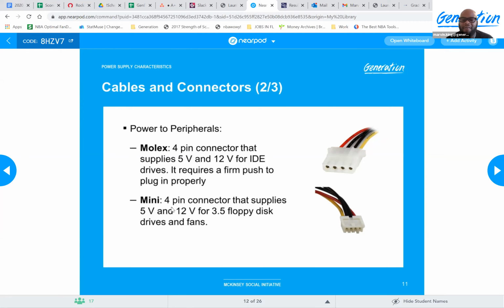And then we also have a mini 4 pin connector, and that goes to your fans and to your floppy disk drive. Who has seen one of those in a while? I probably haven't seen a floppy drive since probably 2005, 2007, somewhere along there.